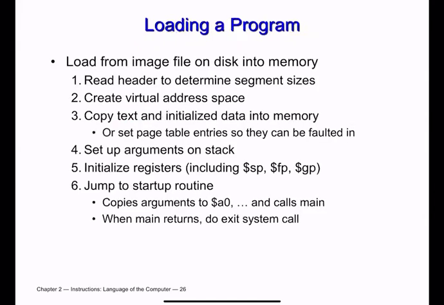At the very end, when we are loading a program, as I mentioned, we set up the arguments, initialize all of the registers that we may have, jump to a startup routine, create a virtual address space, and read the header to determine the segment size. I'm not expecting you to remember this as a list, but do understand what we would expect in loading a program.